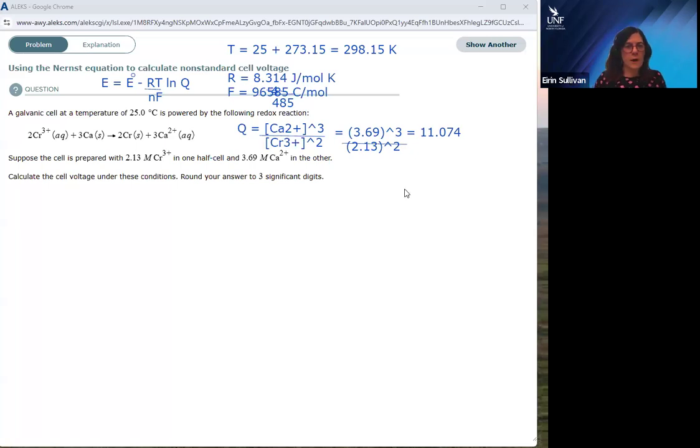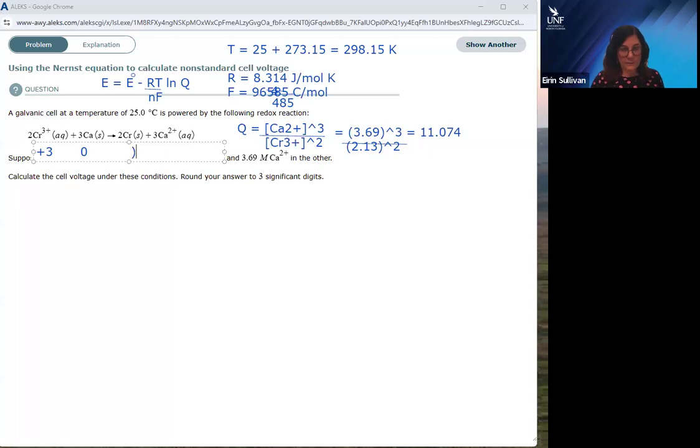Okay, so we've got our value for Q, we've got our R, we've got our T, we've got our F. So the only thing we have to work out is our standard cell potential and our number of electrons that are being transferred. Okay, so let's work out what's being oxidized, what's being reduced. We've got +3 oxidation state, 0. And then we have the 0 for the chromium.